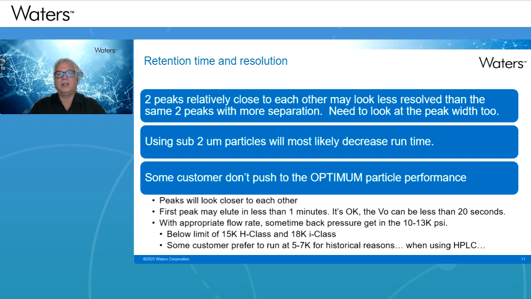It's really a question of getting the calculation done and operating with those parameters, and forgetting about the intuitive reflex that we sometimes have to decrease the flow or to use a longer column when it's not necessary.